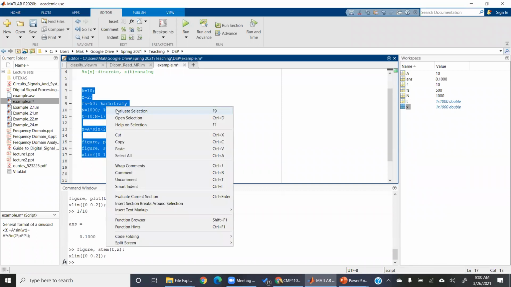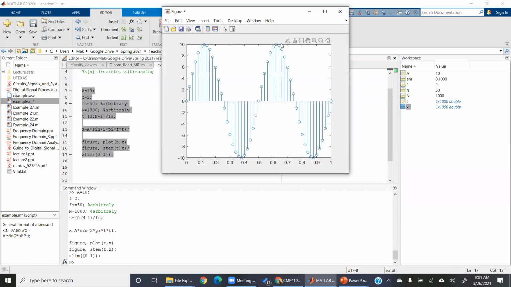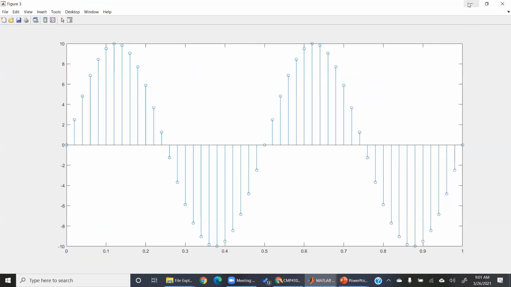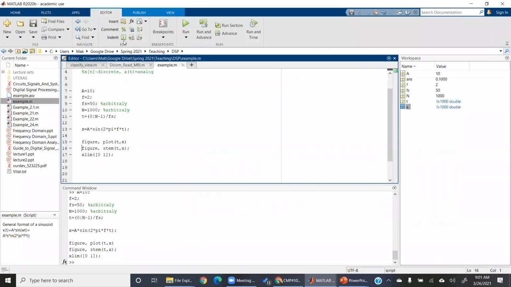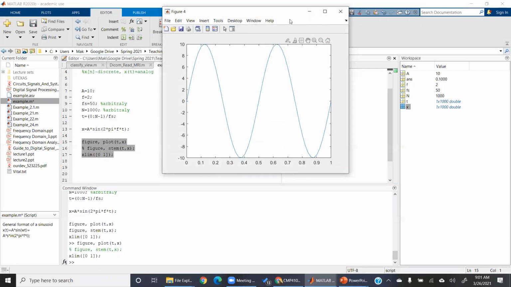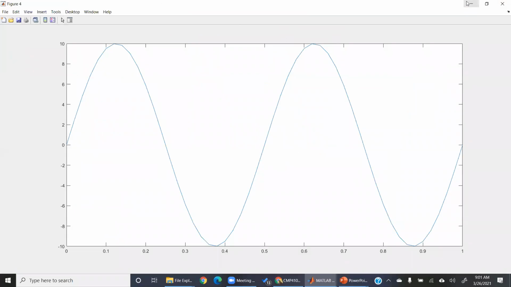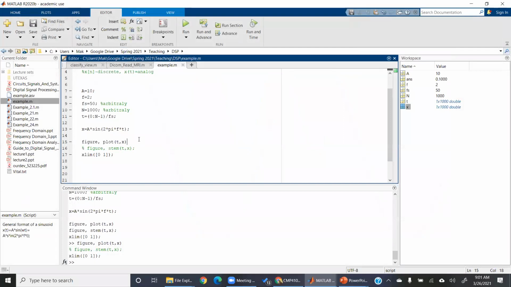So let's do this. You see that? That actually gives you a good reconstruction of the signal. Let me comment this out and we visualize the first one. Okay, so that's a good reconstruction. But you see, it's also not very smooth, right? Although it is good enough. So someone says 2, I say go at least 20 times the highest frequency in your signal.